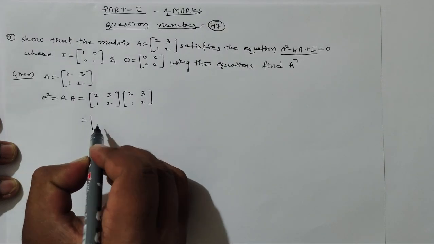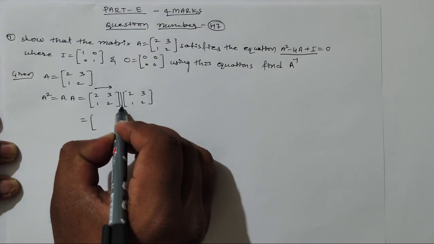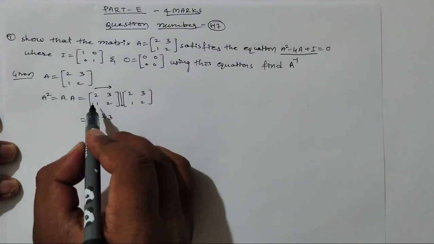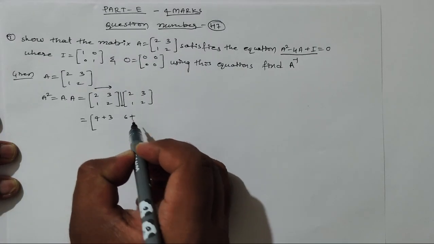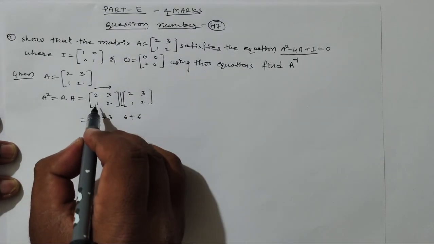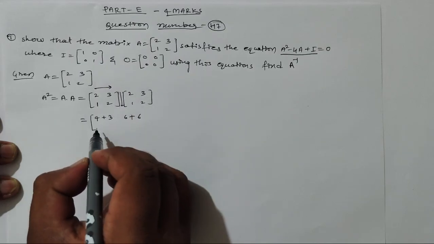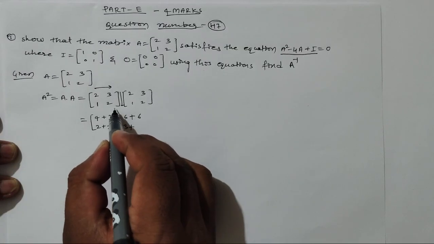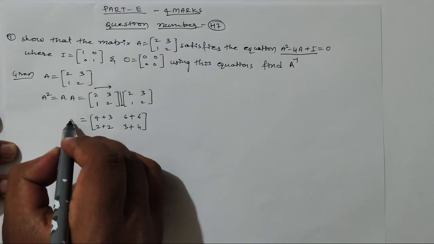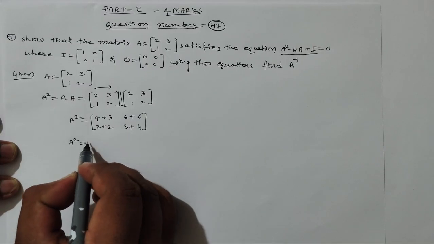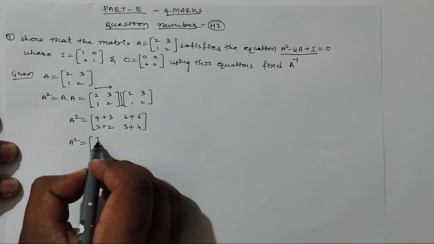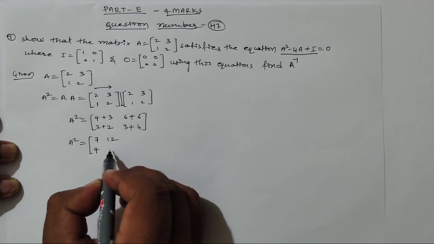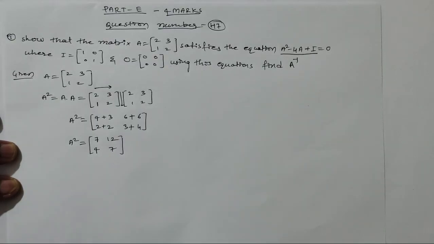Rows into columns: 2 2s are 4, 3 1s are 3; 2 3s are 6 plus 3 2s are 6; second row, first column, 1 into 2 becomes 2 plus 2 into 1 becomes 2; 1 into 3 becomes 3 plus 2 2s are 4. So A square equal to [4 plus 3 becomes 7, 6 plus 6 becomes 12; 2 plus 2 becomes 4, 3 plus 4 becomes 7].